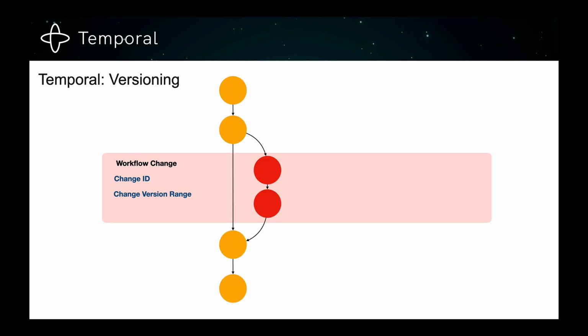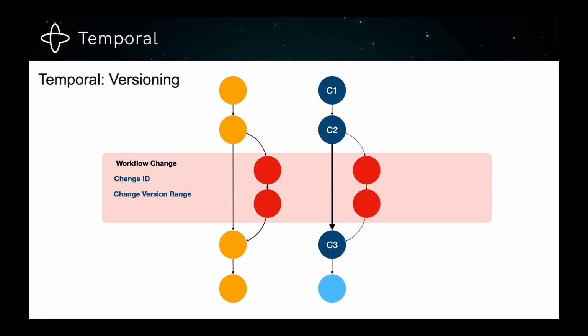This means that if we have any sort of workflow instance, and the yellow circles represent that we don't really know what has executed so far and which one hasn't, and we want to introduce that change, then by giving it a change ID and a version range, a workflow instance which has passed the point where we're making a change will still maintain its determinism because it can take the path that it took before, ignoring the changes that we have made.